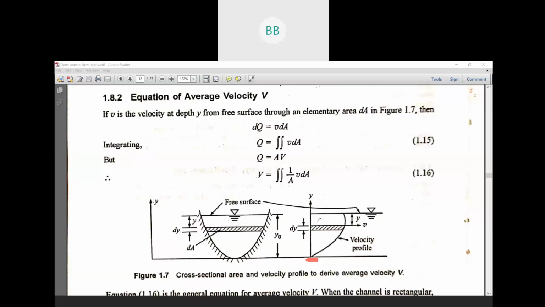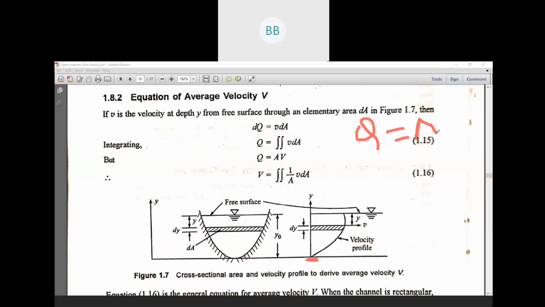So this is the small elementary area we are talking about, and dy is the depth of flow for that particular area, which is y distance from the free surface. Here we first have to consider the discharge. We know discharge is equal to area into velocity.